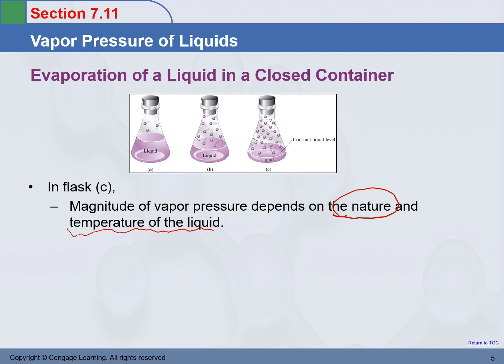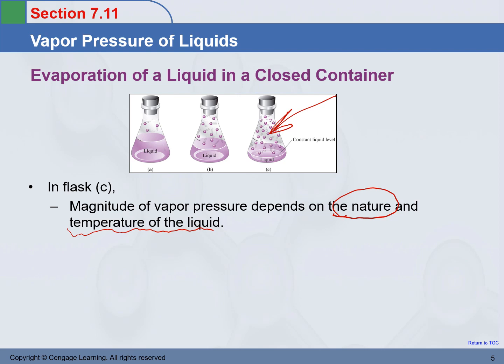Of course, gasoline. Gasoline, we know it evaporates way easier than water. When we say it evaporates easier, we mean it evaporates faster than water. Eventually, you need more particles in the space above in flask C to equilibrate with the faster evaporation.